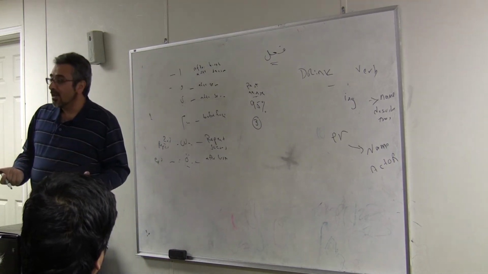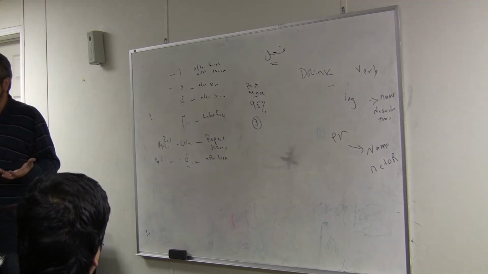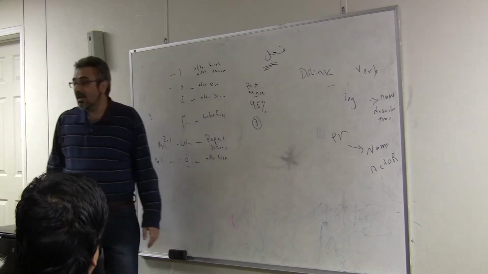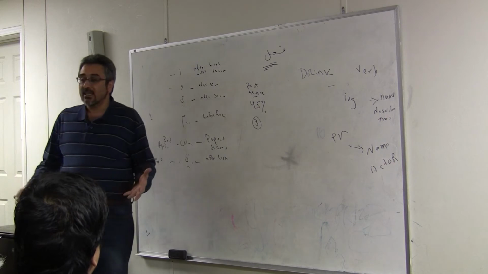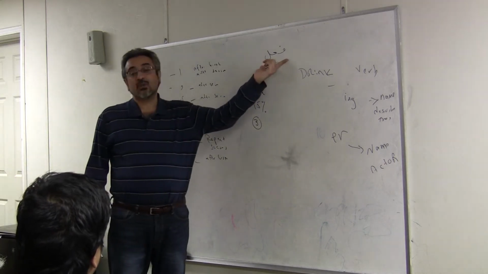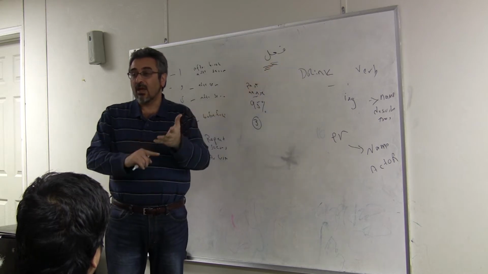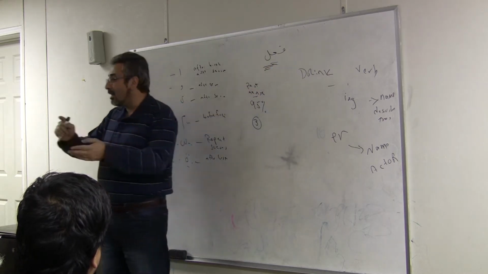Fa'ala in the Arabic language means he did something. So a verb in the Arabic language is fi'l. Fa'ala is he did something. So you always try to come back to these 3 letters. Fa'ila, fa'ala, daraba, haraba, sharaba, akala.